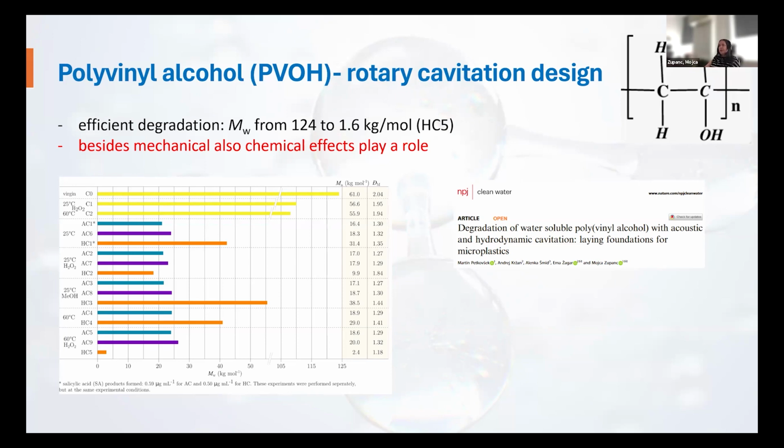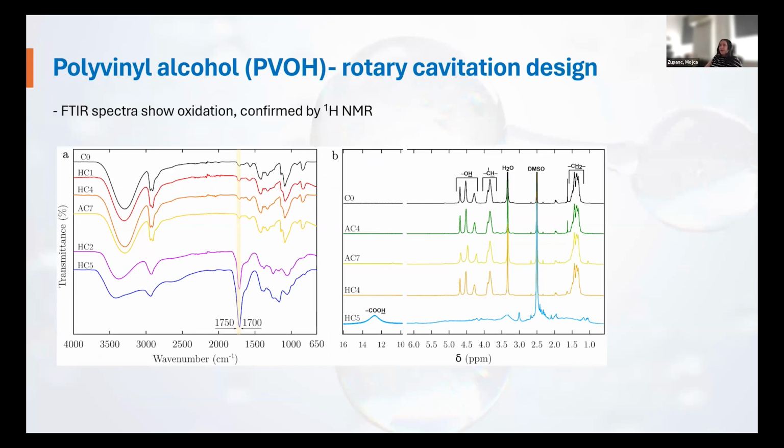Once we add an external oxidant, the degradation is also caused by hydroxyl radicals. So we then have mechanical and chemical effects. And from this IR spectra, you can see these bands that grow in the wavelength around 1750, which means formation of carbonyl bonds in the molecule.